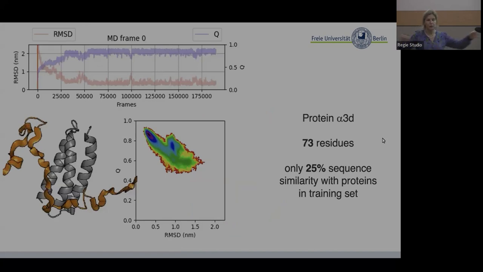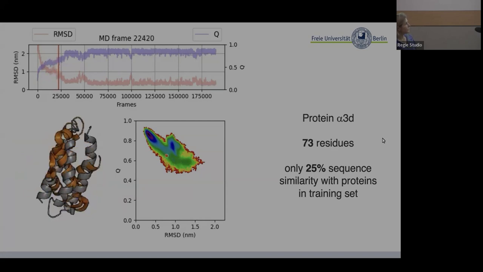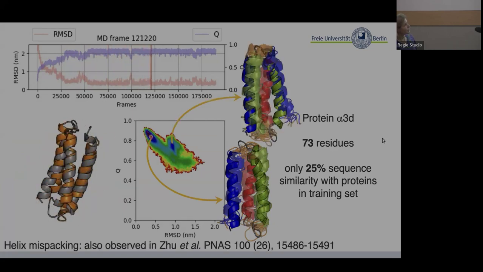So we start from the completely extended protein. We take just an extended polymer, and we let it go. And you see that it quickly finds the folded state, and then oscillates around the folded state. So mostly you find oscillation around this state, that is the folded state, but also sometimes you go here.